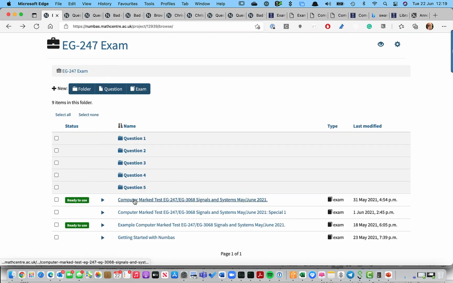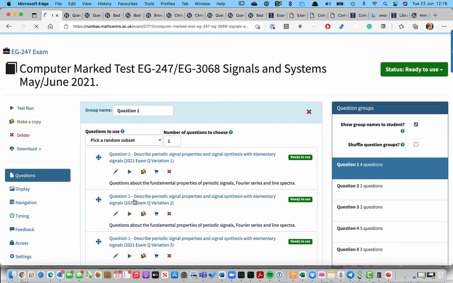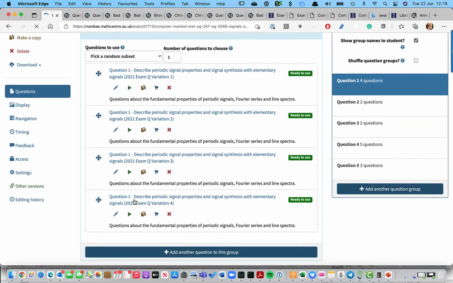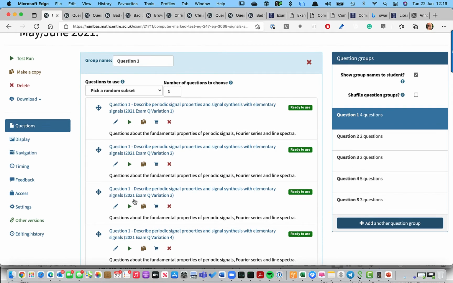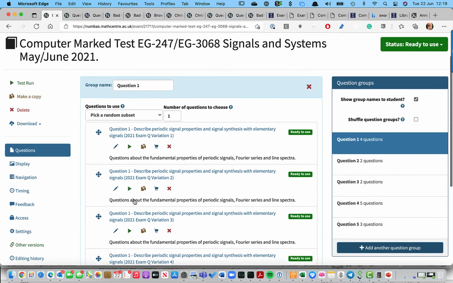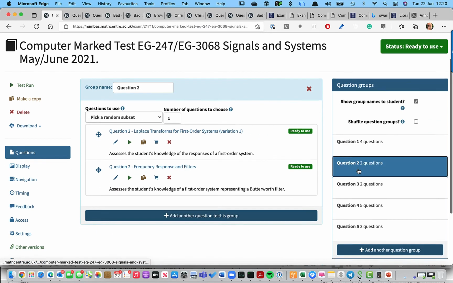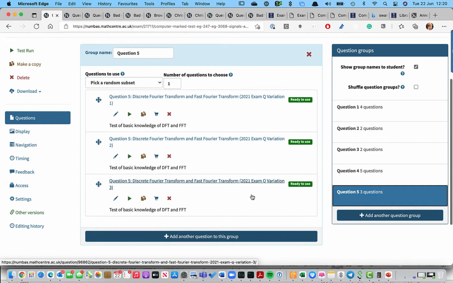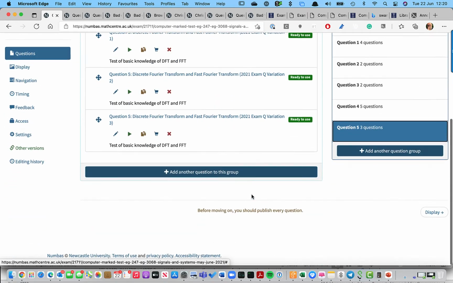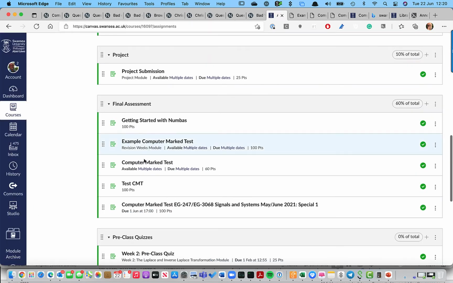So if you look at the computer marked test itself, it picks a random subset, 1 question from a block, for each of the questions that I had, and that looked like it was going to work fine, and it did. The actual mechanics did work fine. There were no problems with the test actually running at runtime. There were some issues though in some of the questions, which we'll go on to in a minute.